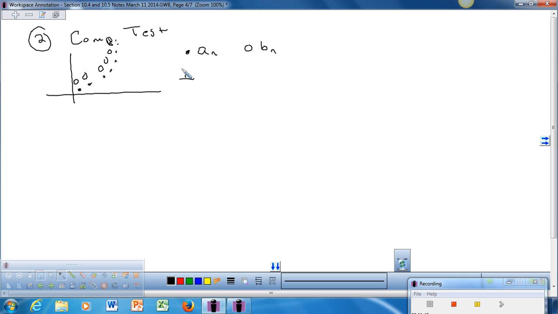So if a sub n diverges, what happens to b sub n? Also diverges. So if b sub n is bigger than a sub n for every single term, and we know that a sub n diverges, then b sub n must also diverge. Correct? So that's the comparison that we make here. So if a sub n diverges, so does b sub n.